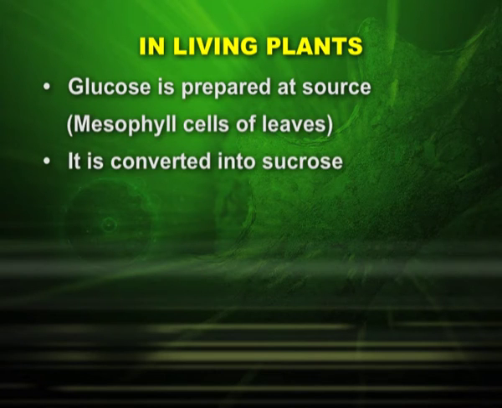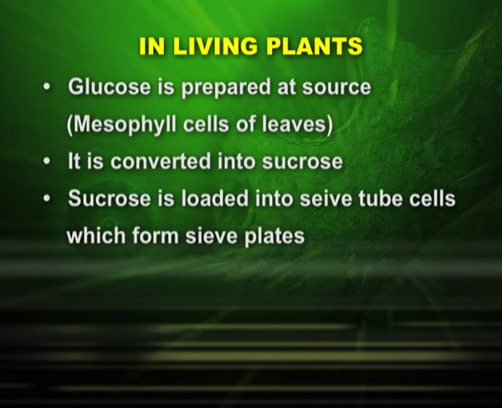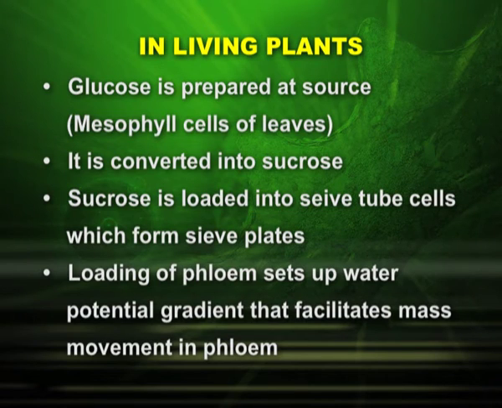It is converted into sucrose. The sucrose is loaded into sieve tube cells which form sieve plates, and the loading of phloem sets up a water potential gradient that facilitates mass movement in phloem.